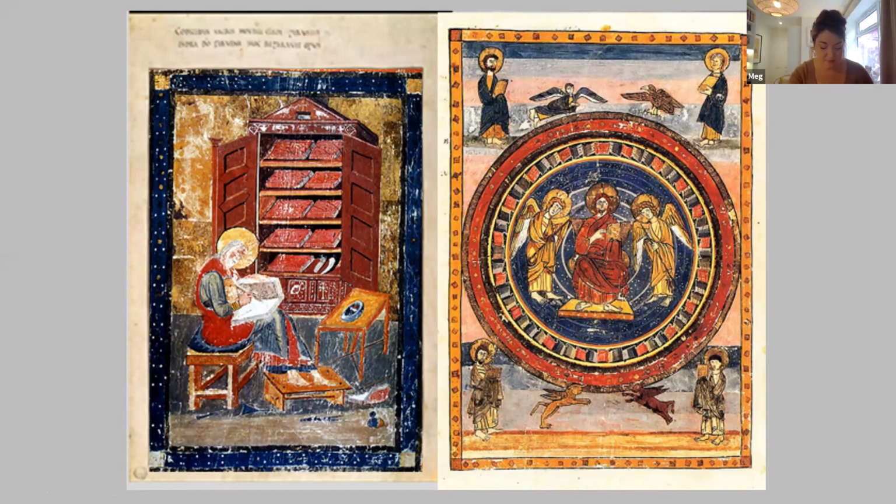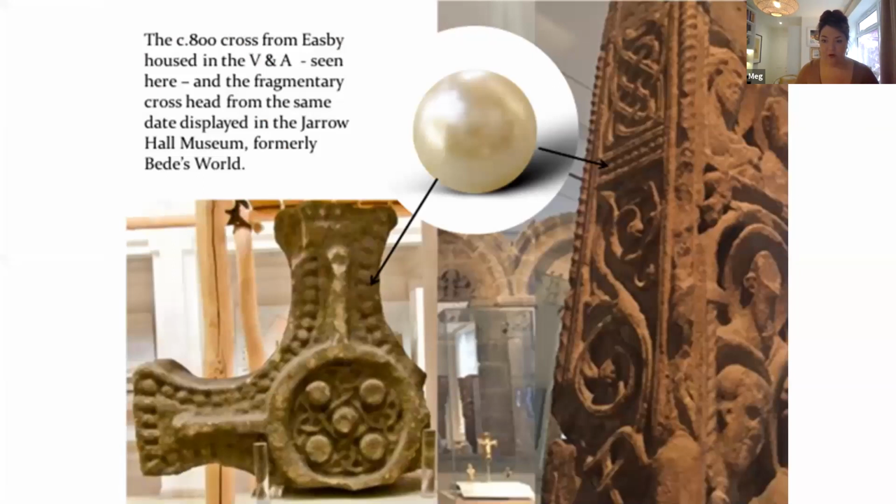We find a similar motif on carved stone crosses, and here I'm showing you the Easby cross and also the crosshead fragment from Hexham, both of which have little border passages, which are most usually read in terms of being skeuomorphic representations of metalworking techniques here seen in stone, but which I would like to suggest, if they were painted white, might function to present those wonderful heavenly pearls that we see all over our Italian basilicas.